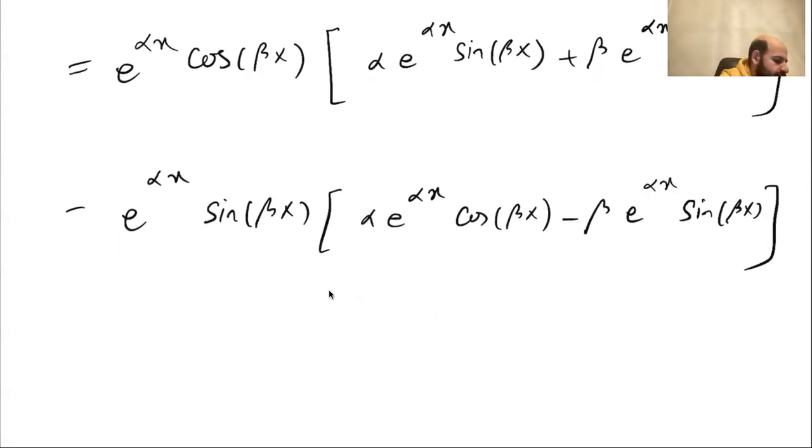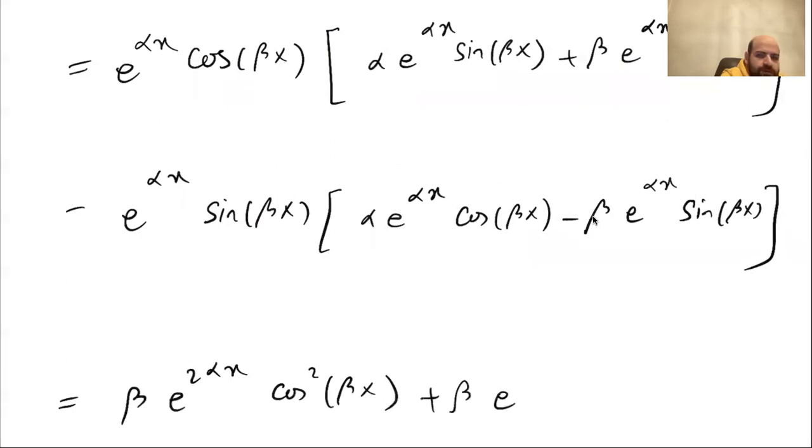And then I'll be left with beta e to power 2 alpha x cos squared beta x plus beta e to power 2 alpha x sine squared beta x.